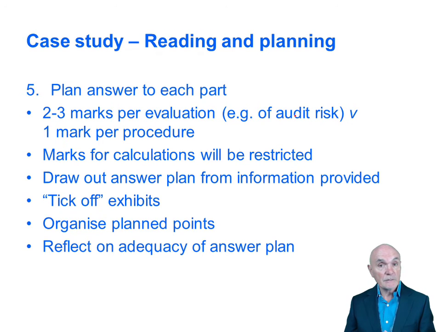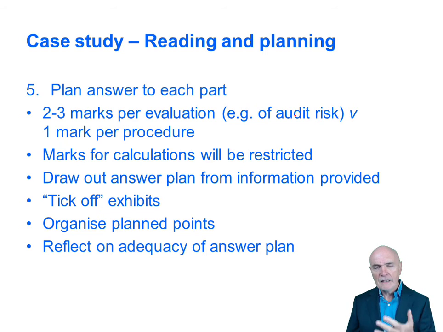Marks for calculations are restricted, so though we have to do analytical procedures, do sensible ones. Don't do every one that comes to mind. If you're using calculations to look at materiality, and that's important, then don't go through the gross profit, lower and upper limits of 5 and 10% and so on, the turnover 0.5 to 1%, the assets 1 to 2%.